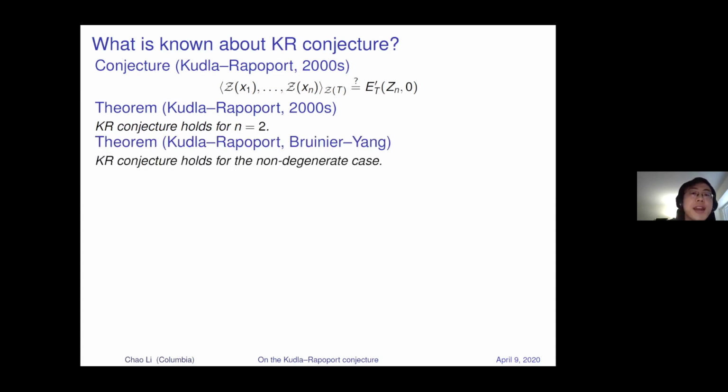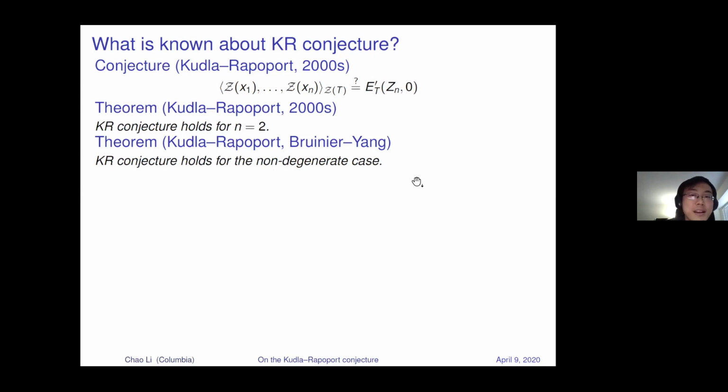They also proved the case of non-degenerate intersection, when the intersection of these divisors has expected dimension 0, in the unitary case, and it was also recently finished by Bruinier-Yang in the orthogonal case. It turns out that this non-degenerate intersection rarely happens, and in fact, in high dimension, this non-degenerate intersection essentially reduces to the case n equals 2.